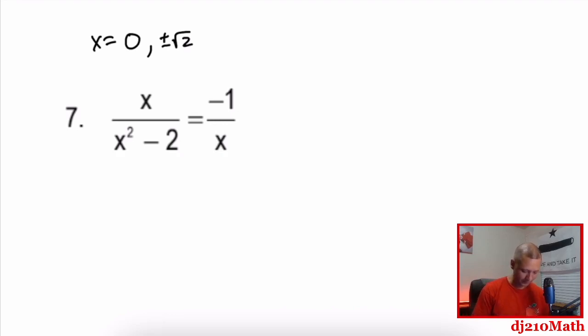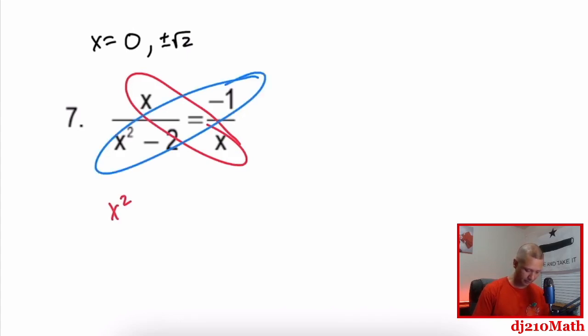So let's see. This is x squared. This is going to be equal to negative x squared plus 2. So then, combining like terms, plus x squared plus x squared. So this is going to be 2x squared is equal to 2.